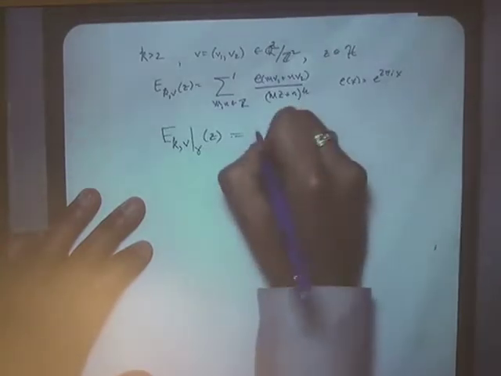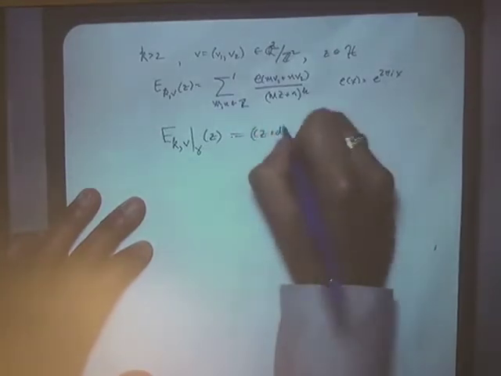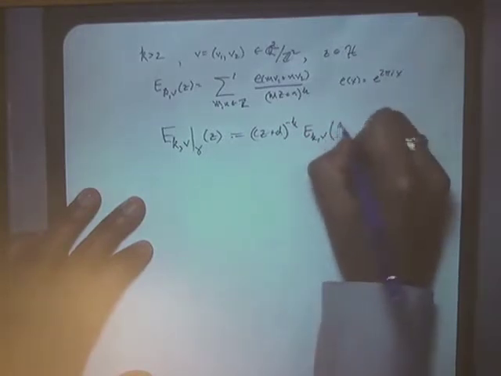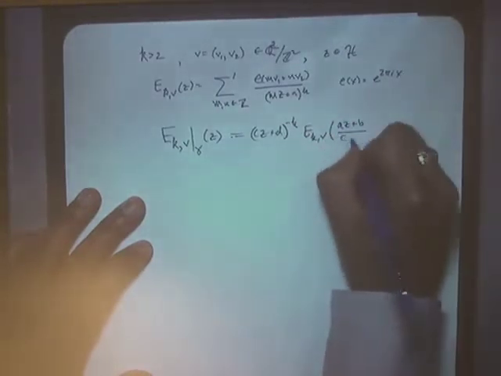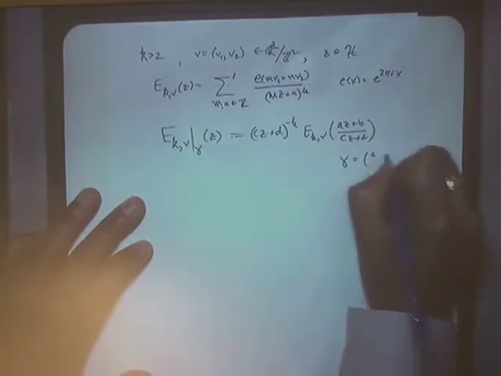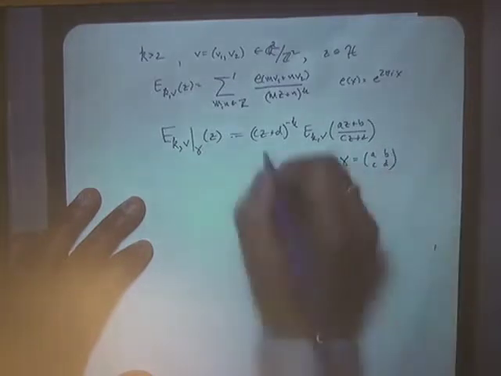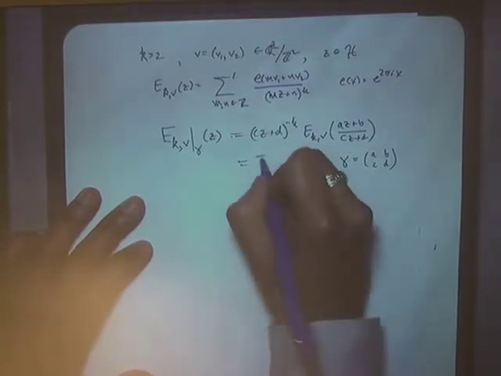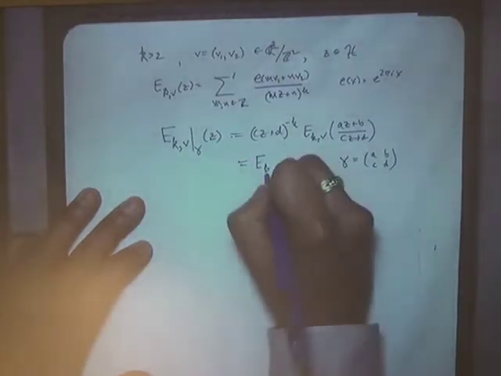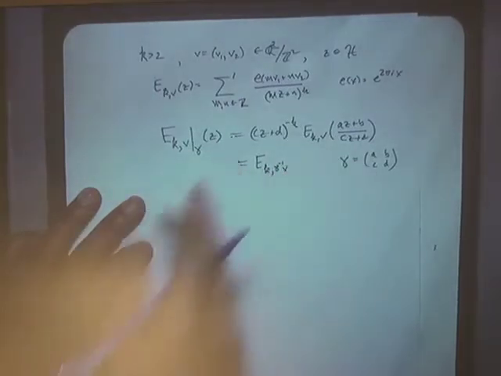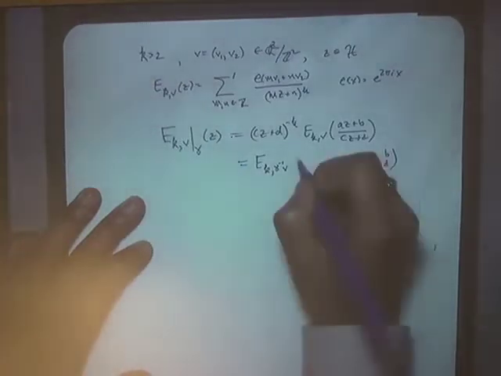The weight k slash operation would be (cz + d) to the negative k times the original function evaluated at (az + b) over (cz + d), where gamma is (a, b, c, d). Then it's easy to check just by plugging into the formula. You don't have to worry too much about how you're ordering the terms in the sum because it converges absolutely for these k's. Then it's easy to check that this has this property, where this is just the natural action on a column vector. You think of this v as a column vector.